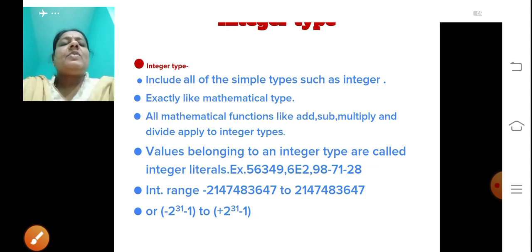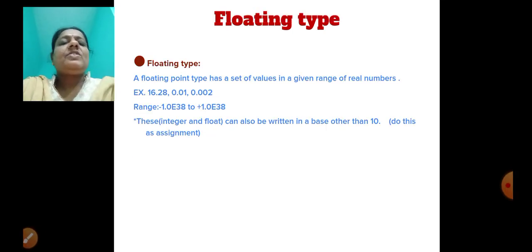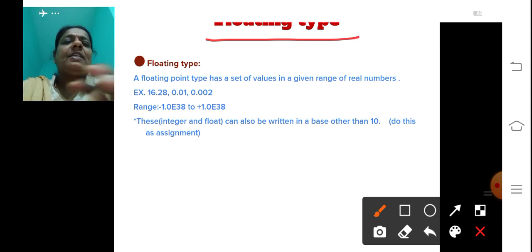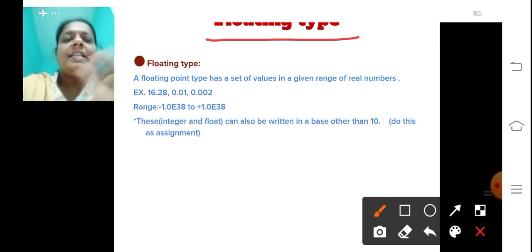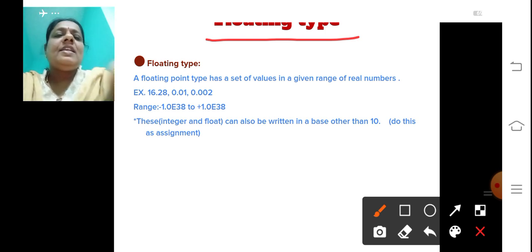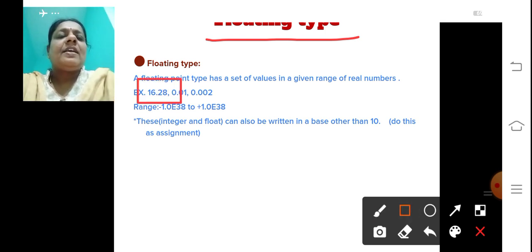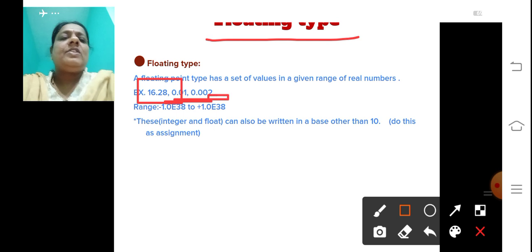This is about the integer type, and the next one is the floating point type. We know what floating points are: they are the real numbers. Here, for your understanding, I have written examples: 16.28, 0.01, 0.002.